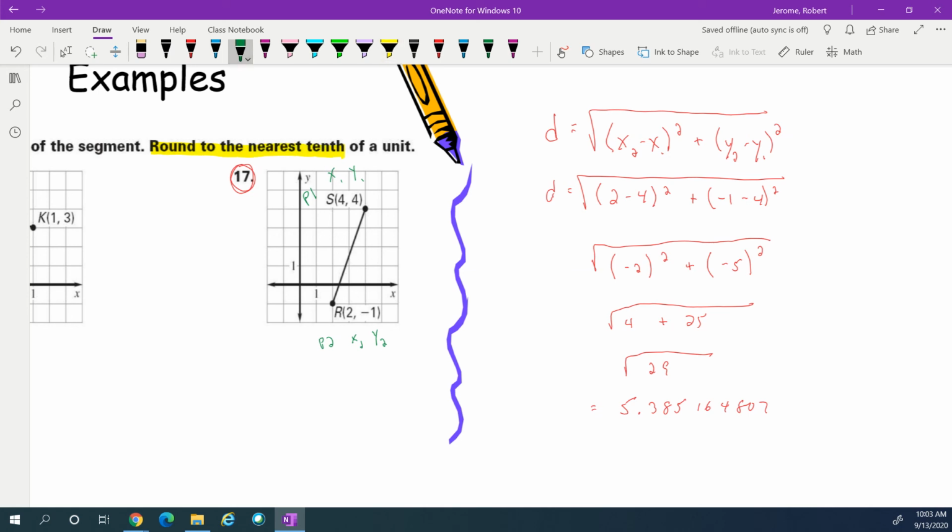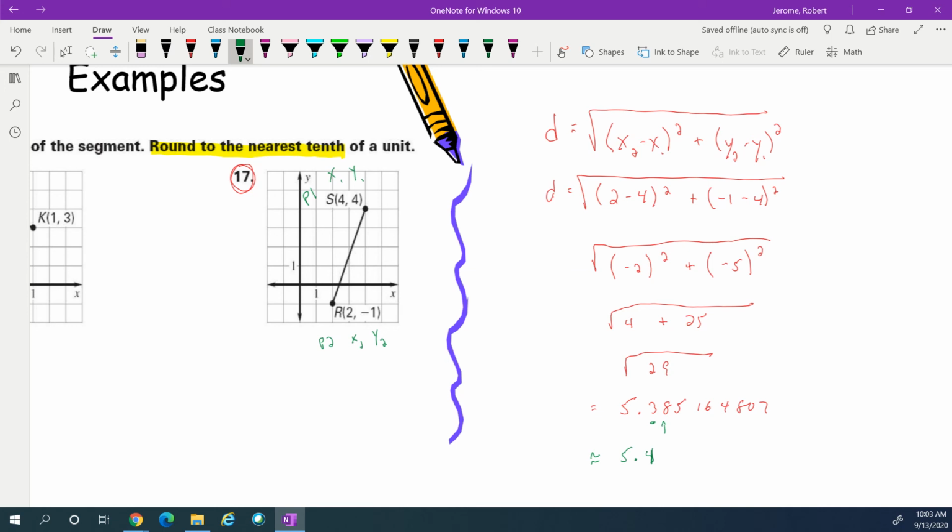So we're going to look at our tenths, we look one past it, and we're going to say our answer is approximately equal to 5.4. So approximately, because we're rounding, an equal sign is going to be acceptable. But that's our distance formula being used.